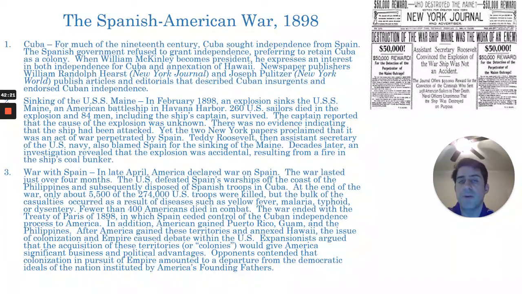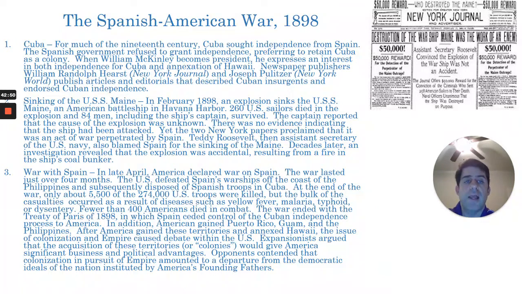It was not what America was supposed to be, and that America had no business getting into colonization and empire. So that's a pretty significant debate. We'll see that debate continue to play out in our discussion of American foreign policy in Tuesday's lecture as we discuss America and the Philippines.